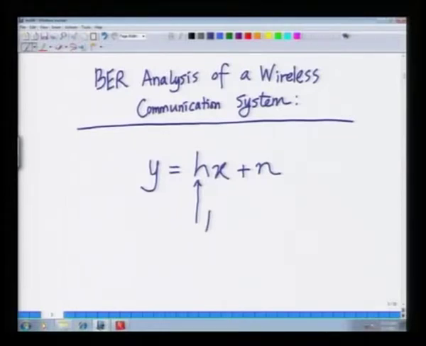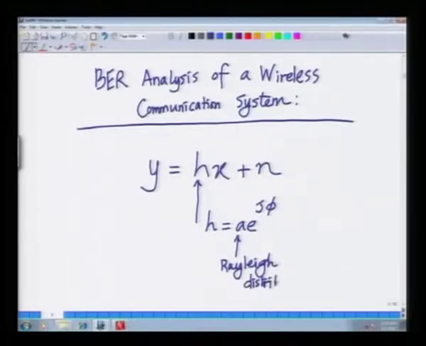We earlier saw that this h can be represented as A e power j phi, where A is the magnitude, it is Rayleigh distributed, and phi is the phase which is uniformly distributed between minus pi and pi.